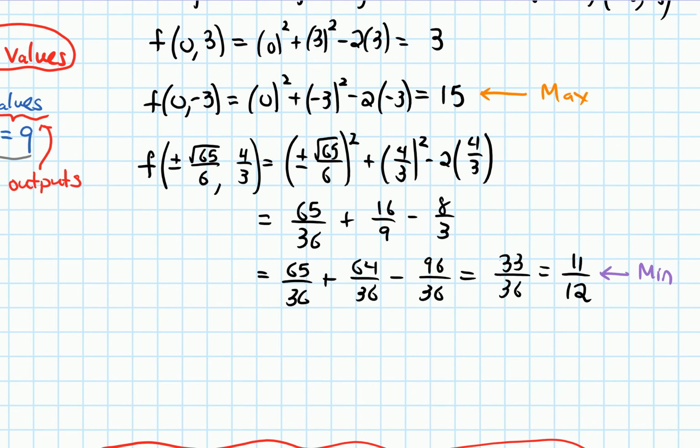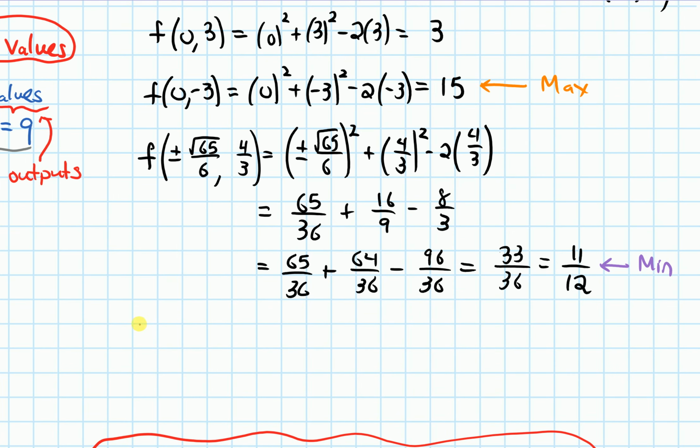So we are ready to write down our conclusion. It was asking for the values. So the max value is asking for that biggest possible output, which is 15. This question technically didn't ask us to find the points where we got that max value. It just asked for the value itself. So we could leave it like this. If we needed to write down the points where it happened, we would write something like, oh, it occurs at 0, negative 3.